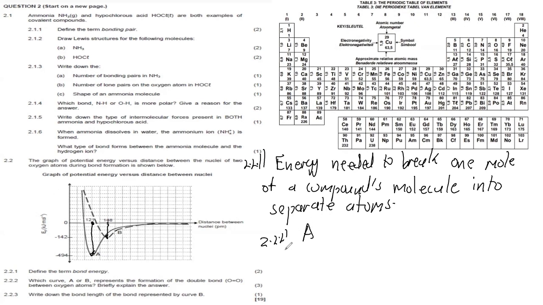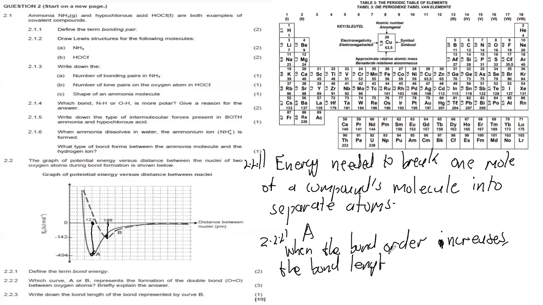And then we say when the bond order increases, meaning it's moving from a single bond to a double bond, or a single, double, or triple bond, we say the bond length decreases.